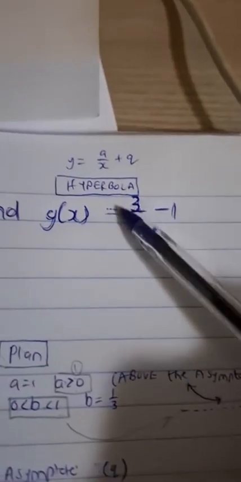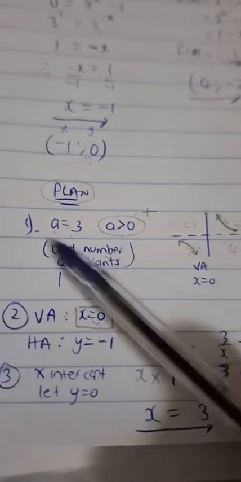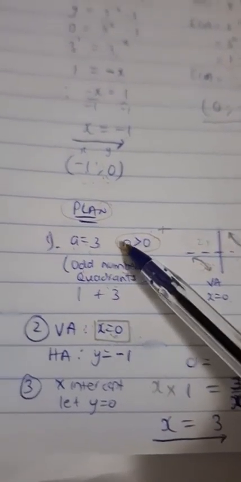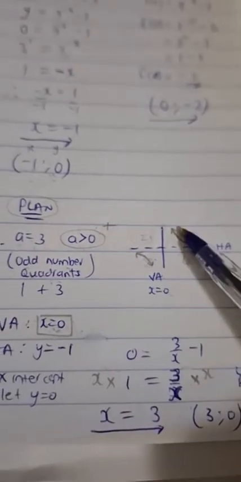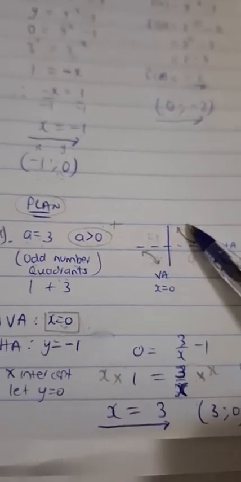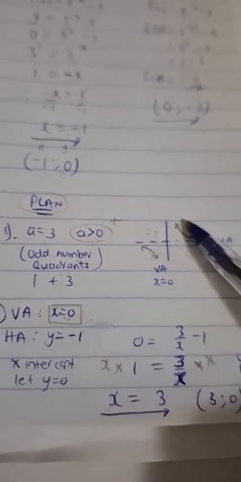We were able to figure out what the a value, the numerator value, helps us with in regards to the function: the defining of quadrants and where the function is found.